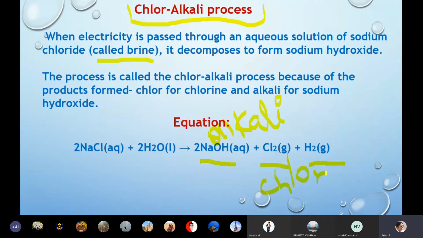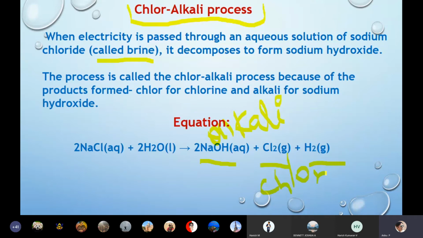Since there is a formation of chlorine and sodium hydroxide, an alkali, this process is called the chlor-alkali process. In industry it is used to obtain these products. And remember, the aqueous solution of sodium chloride is also called brine solution.